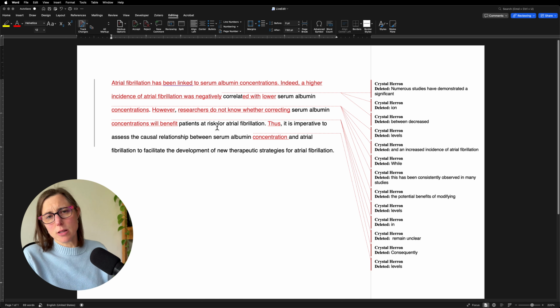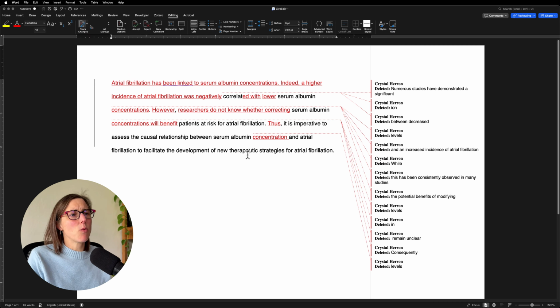So we could really go either way. I was deciding whether I wanted to mention serum albumin concentration before atrial fibrillation or to reverse it. I think in either case, it could work either way, because if we switch it, it's parallel with these ones. If we don't switch it, it's parallel with the preceding one. Because it was the preceding one, I'm going to leave the order as it is.